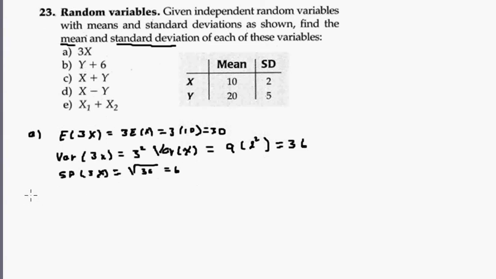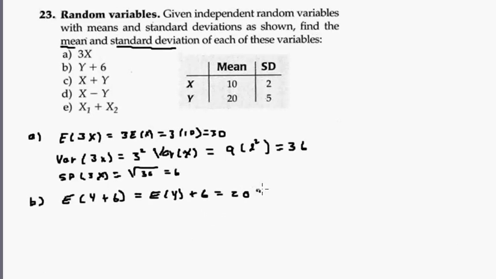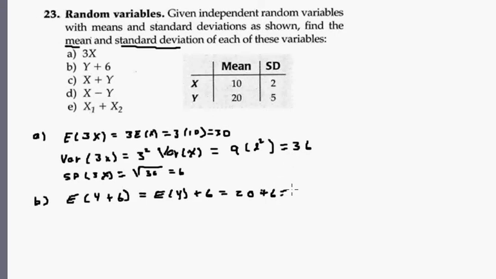Now B, we need the expected value of y plus 6. So that's just going to be the expected value of y plus 6. So that's 20. My pen's not working right. 20 plus 6 equals 26.